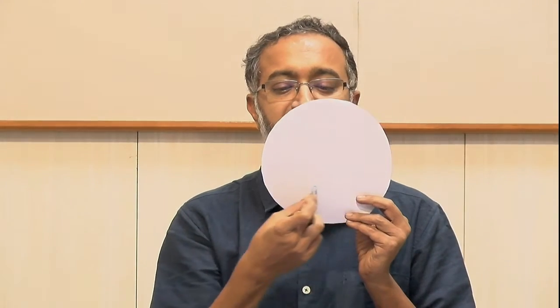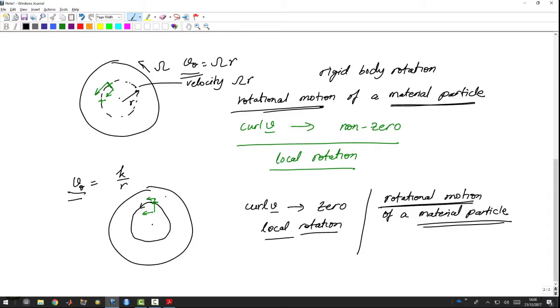So the object, the way it is placed, is going to rotate without any local rotation. And so that's what can be drawn here. If we just look at this object, it is going to continue to remain like this. While in the other case, it keeps on rotating based on how the flow is.